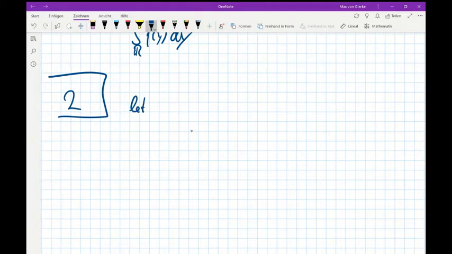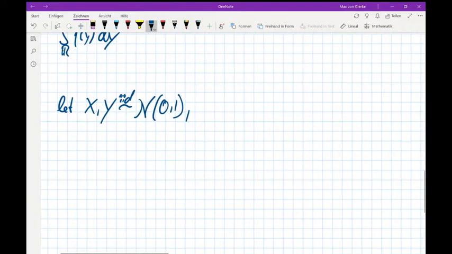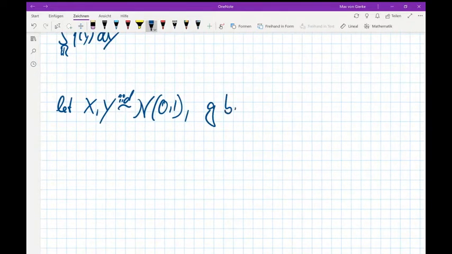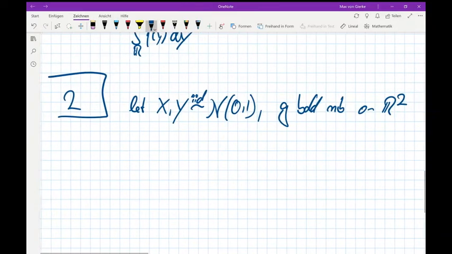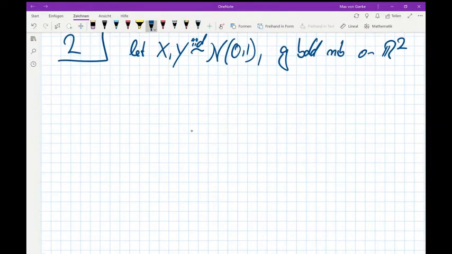Let x and y be independently Gaussian, and g a bounded measurable function from R2 to R1, but that's quite obvious, right? Okay, and we start with the expectation of g of x and y.